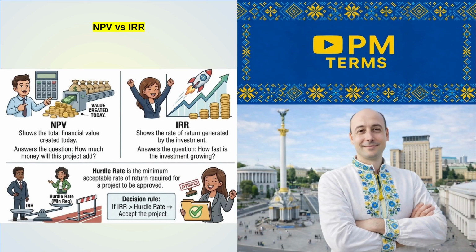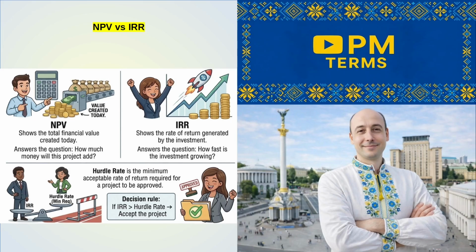NPV versus IRR. Both techniques evaluate financial viability, but present results differently. NPV shows the total financial value created today. It answers the question, how much money will this project add? IRR shows the rate of return generated by the investment.